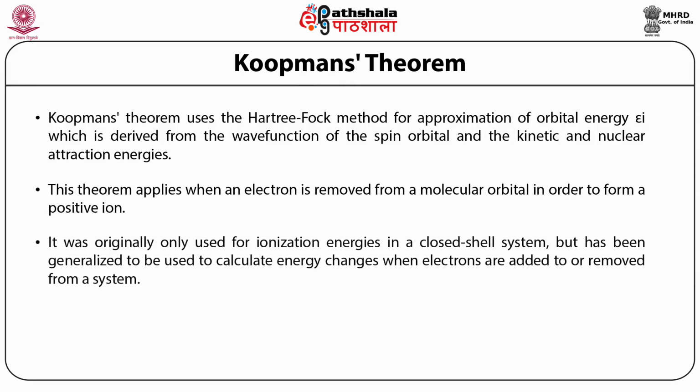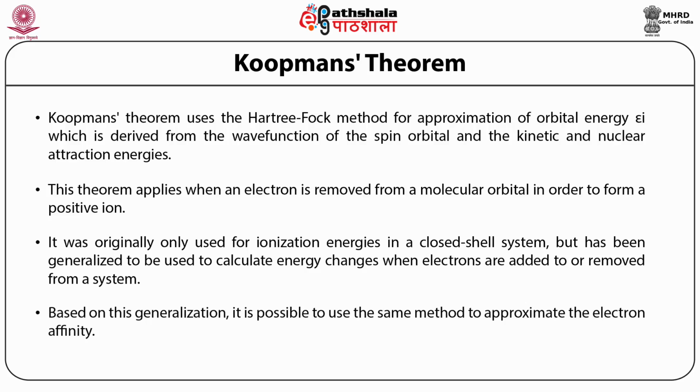It was originally only used for ionization energies in a closed-shell system, but has been generalized to calculate energy changes when electrons are added or removed from a system. Based on this generalization, it is possible to use the same method to approximate the electron affinity.